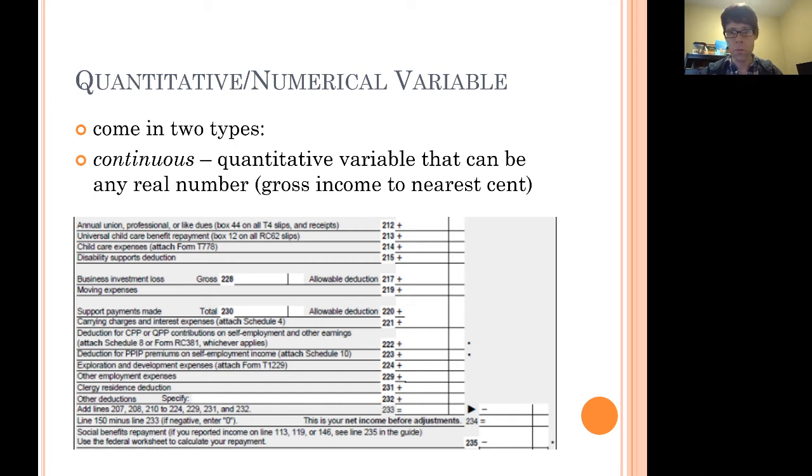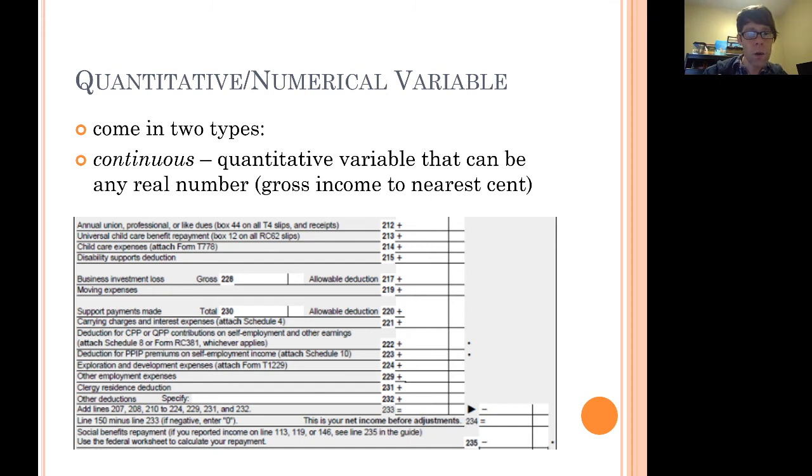I know I'm going super old school here, but this is what I would fill out to do my income taxes. And you can see there's a couple of spaces here that have a little dot over on the right side. For example, line 222 says deduction for CPP or QPP on self-employment and other earnings.